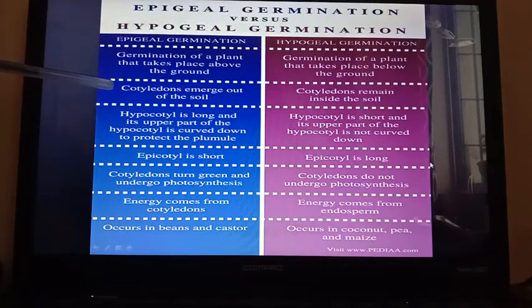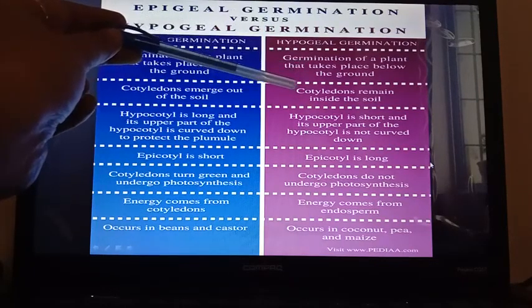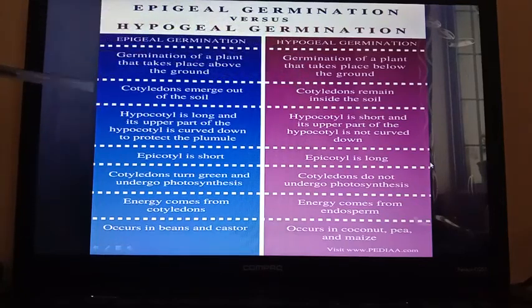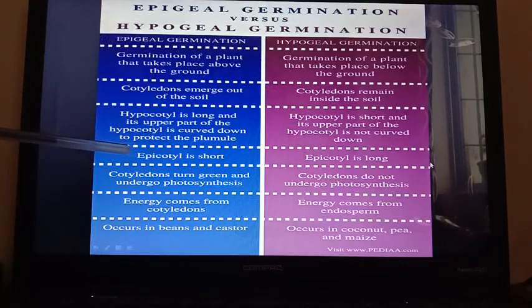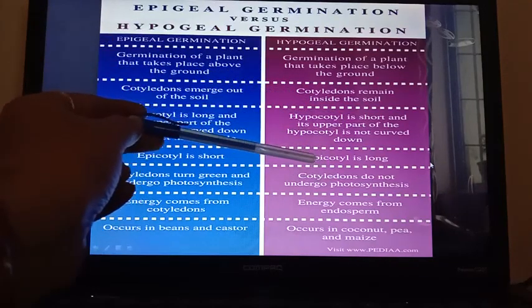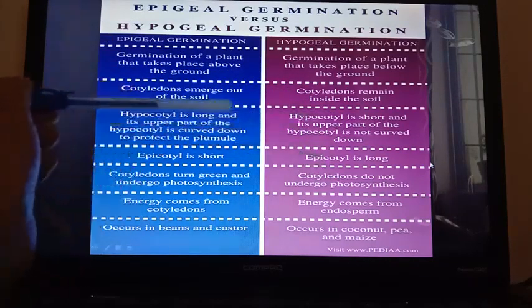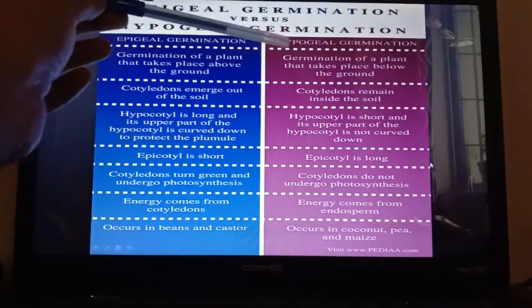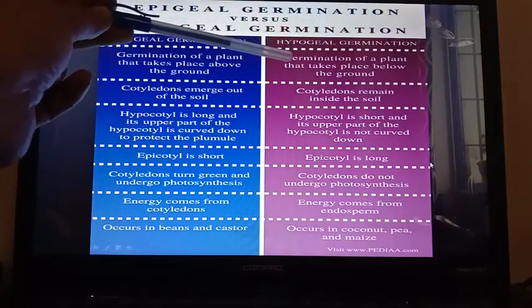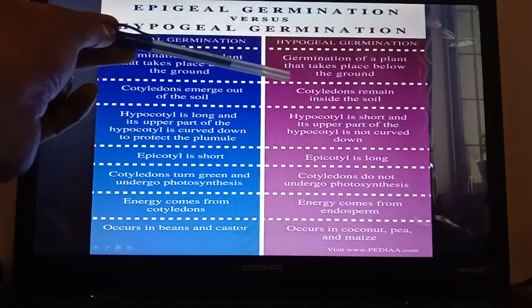In epigeal germination, cotyledons emerge out of the soil, and in the hypogeal, cotyledons remain in the soil. Here hypocotyle is long, here hypocotyle is short. In the epigeal, epicotyle is short, and in hypogeal, epicotyle is long. I have told it the opposite way. Epigeal, epicotyle short, hypocotyle elongates, and in hypogeal, epicotyle elongates, hypocotyle short.